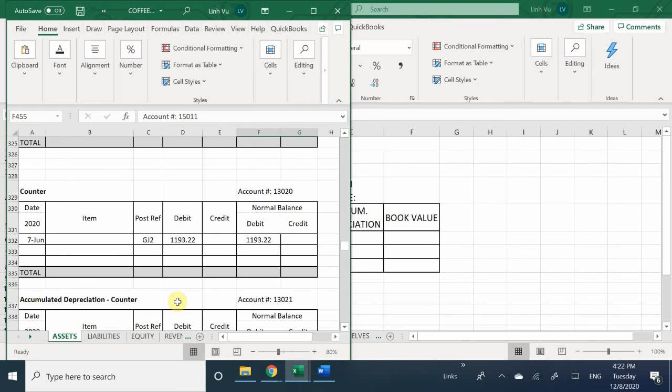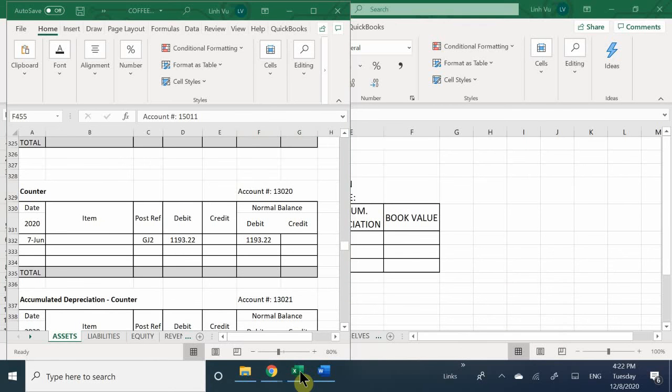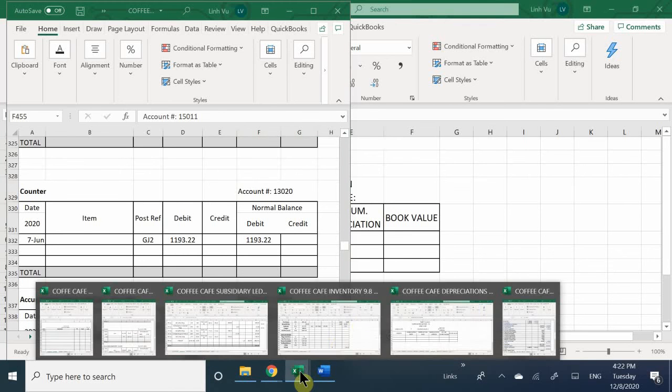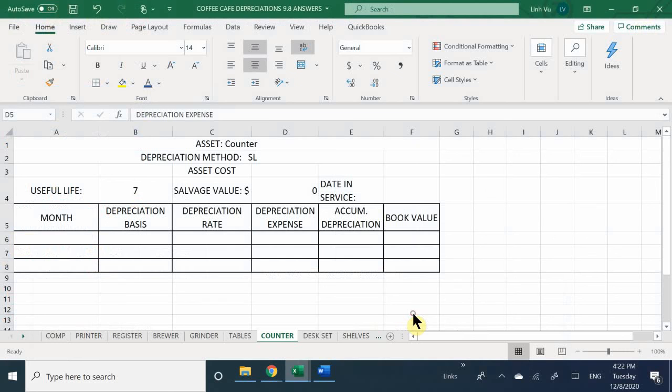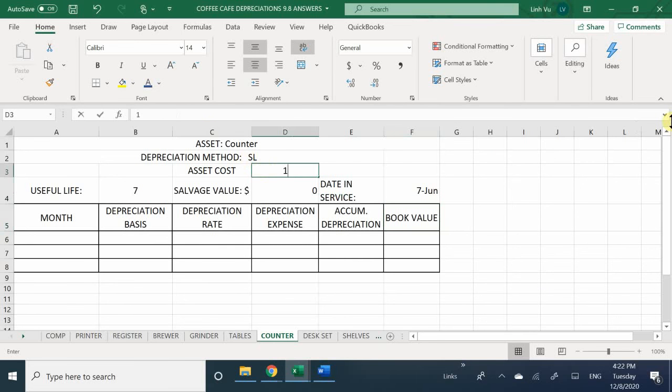We also got this in on the 7th. A counter, you just put it up, there's nothing you can really do. So 1193.22. Okay, so we are going to depreciate for the month of June.